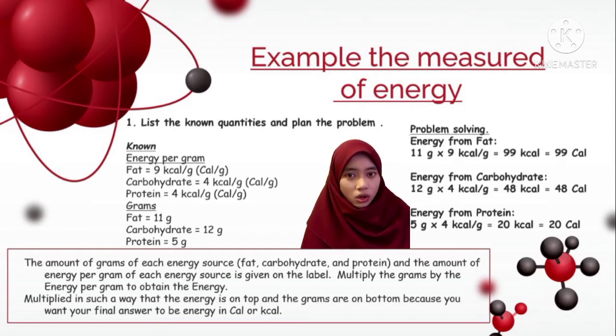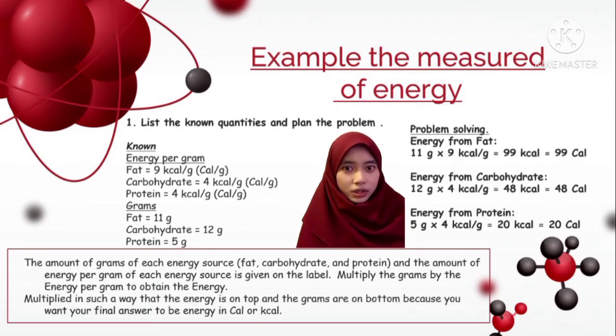The amount of grams of each energy source, fat, carbohydrates, and protein, and the amount of energy per gram of each energy source is given. Multiply the grams by the energy per gram to obtain the energy. Multiply in such a way that energy is on top and the grams are at the bottom.